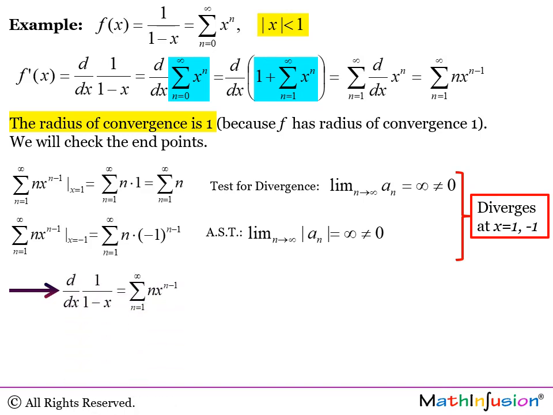We conclude that d/dx of 1 over 1 minus x is the sum, when n runs from 1 to infinity, of n times x to the power of n minus 1. But now we are actually evaluating the function that is the derivative of f of x.